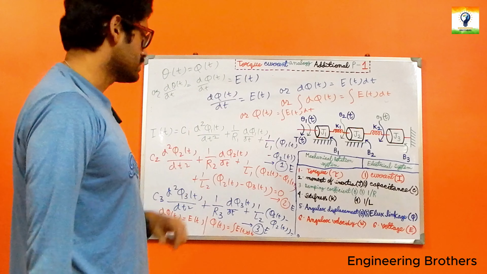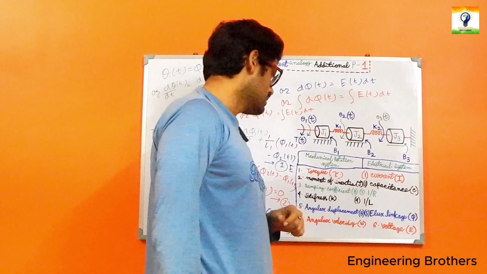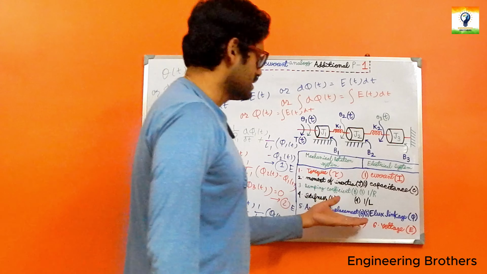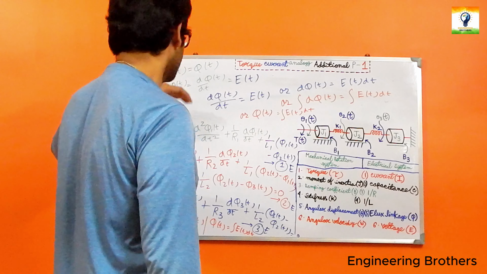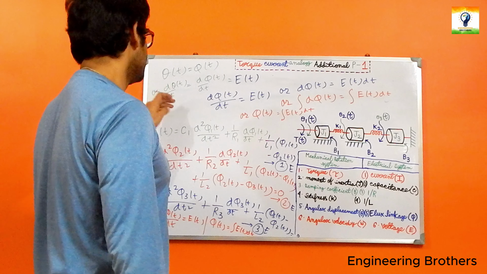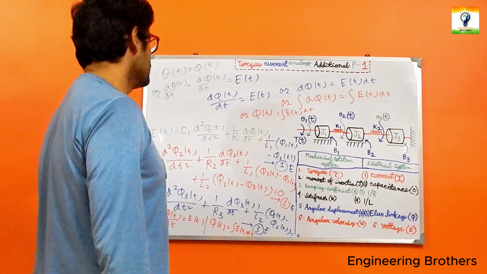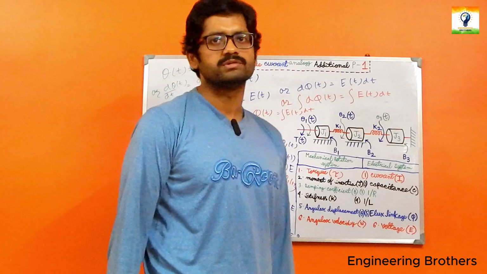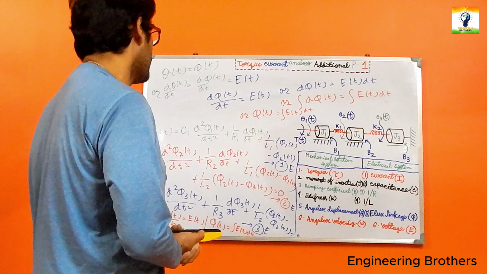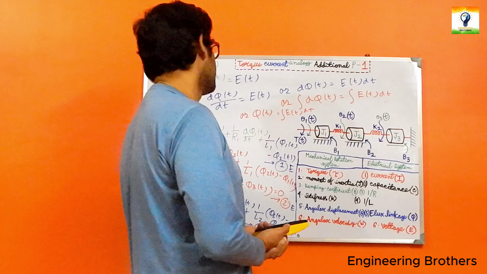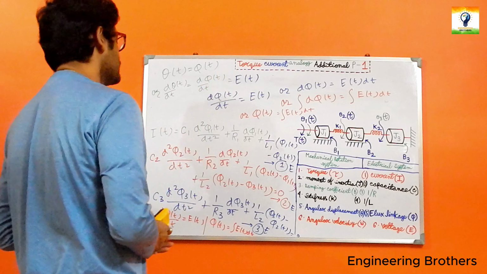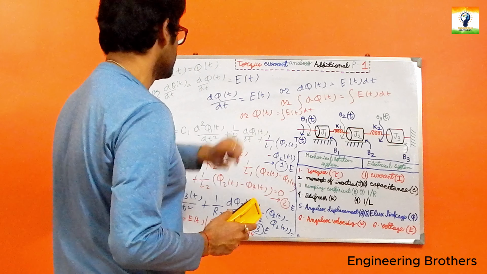I want to repeat this portion once again. First, we have taken the analogous concept for our angular displacement, theta(t), which is equal to phi(t). If we take the simple derivative d/dt of theta(t), which is d/dt of phi(t), then according to the definition of voltage, the rate of change of flux with respect to time gives us the expression for our voltage, which is e(t).